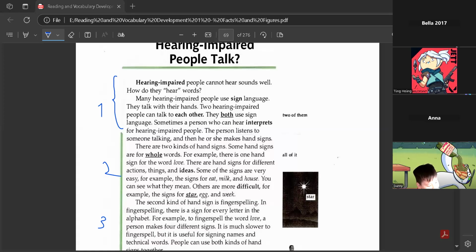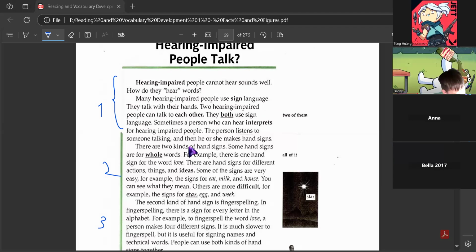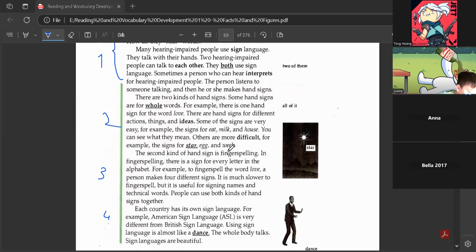Some of the signs are very easy, for example the signs for eat, milk, and house. You can see what they mean. Others are more difficult, for example the signs for star, egg, and week. All right, very nice. The third one, let's invite Anna.